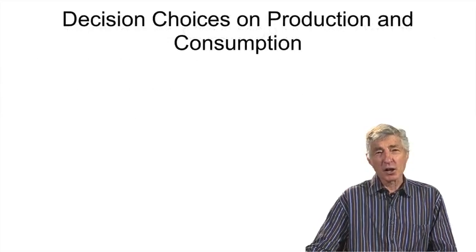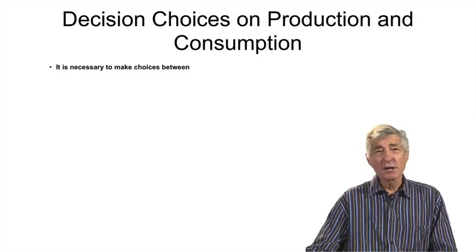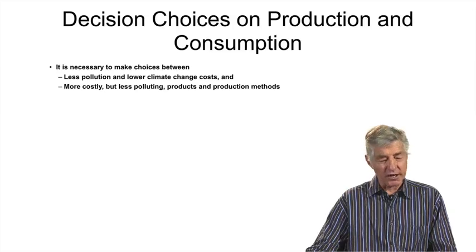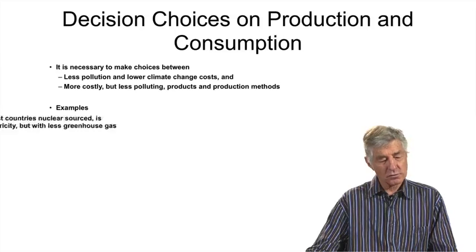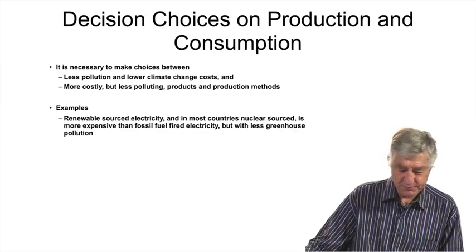So let's think a little bit more now about how we make decisions on what to produce and what to consume. And the story is that we really have to make choices between less pollution and lower climate change costs, or more costly but less polluting products and production methods. So let me illustrate this. Think about the production of electricity.